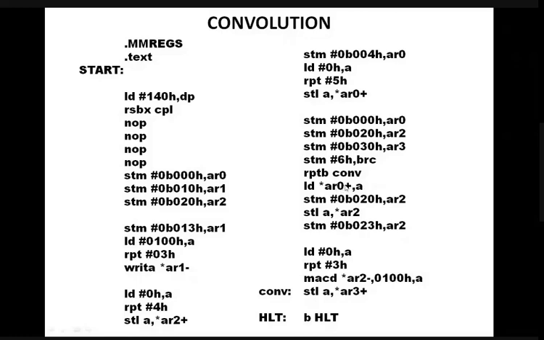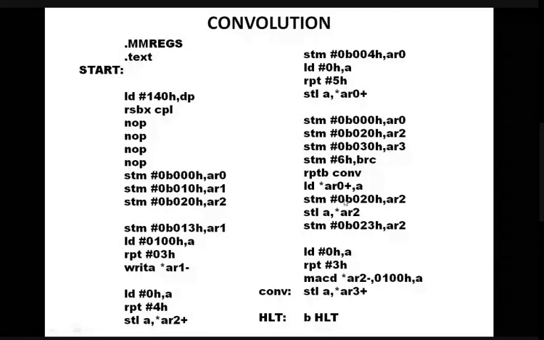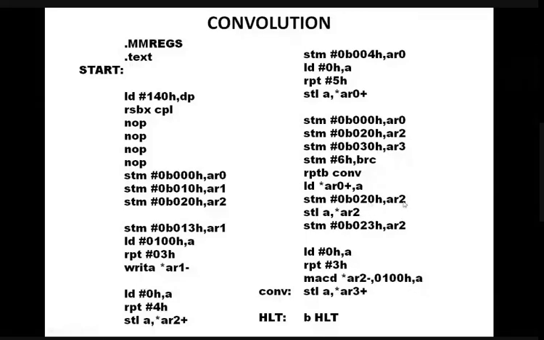And then AR0 will get incremented, because it is post increment because of this plus, to point to the next location. Then STM, store to the memory-mapped register AR2 the immediate constant B020. Okay, so this is to, something like, first data is shifting in.